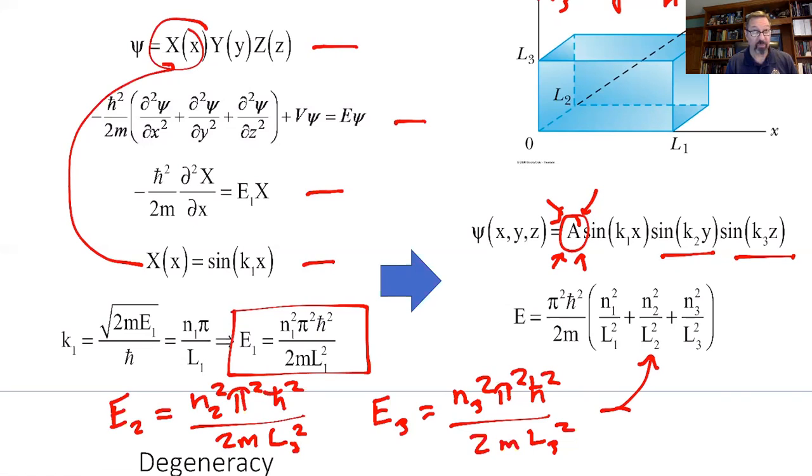And now I have three indices that define that state, N1, N2, and N3. We refer to those, because we're solving a quantum mechanics problem, as quantum numbers. There's three of them that define a state. And remember, K1, K2, and K3 are all related to those lengths and quantum numbers.